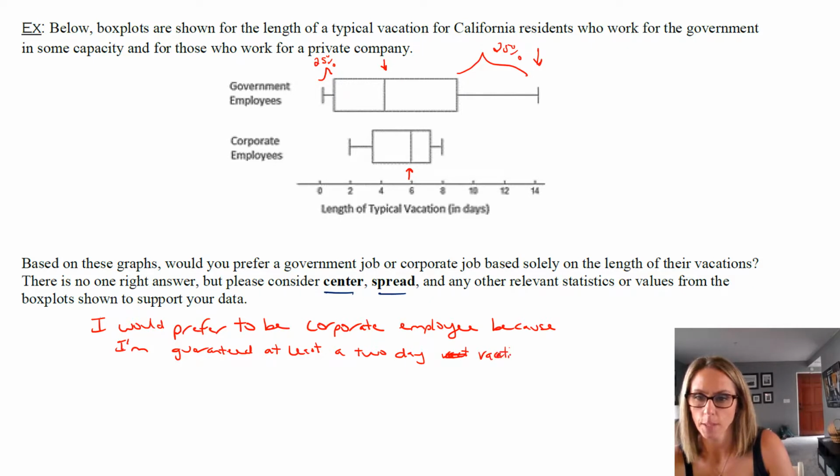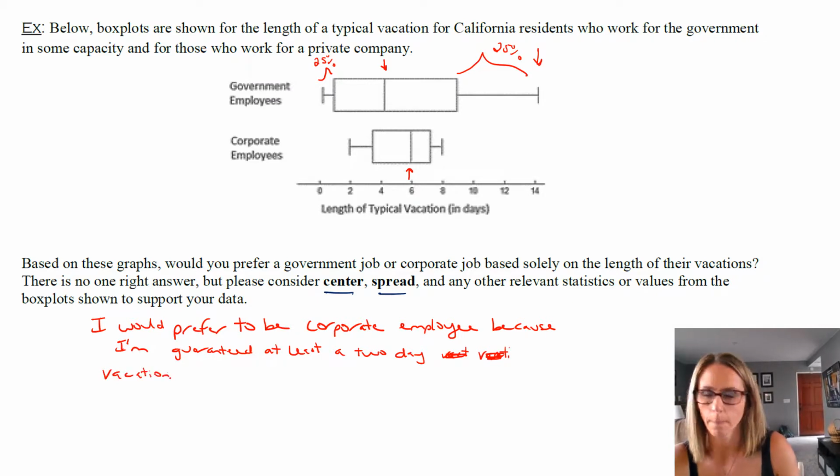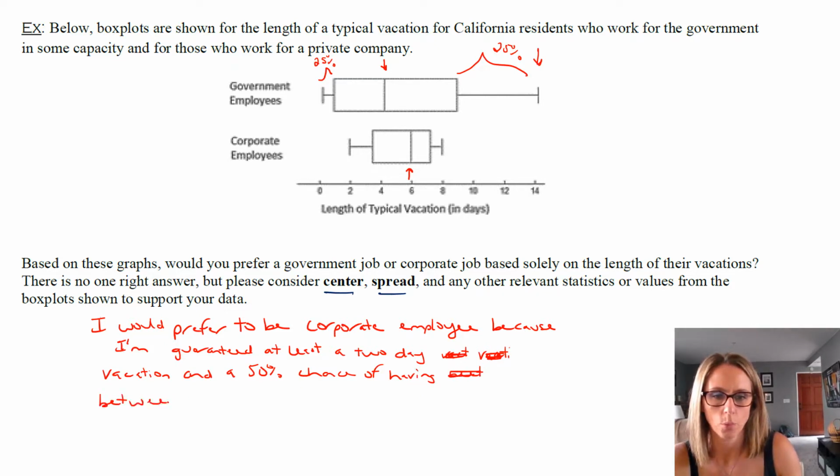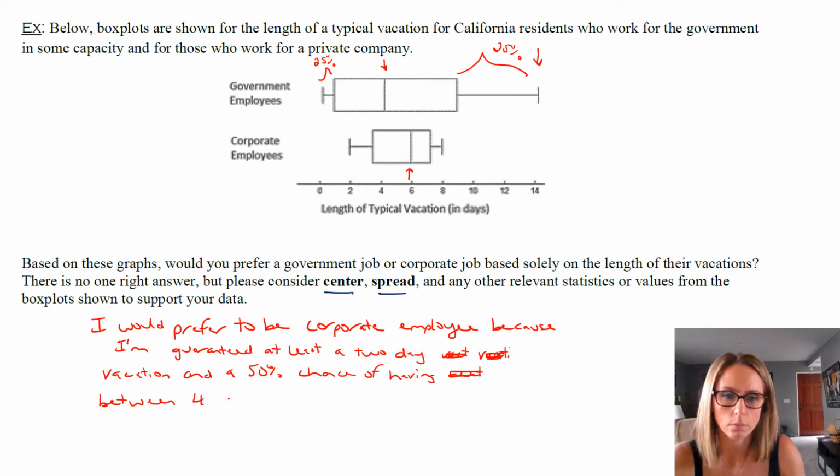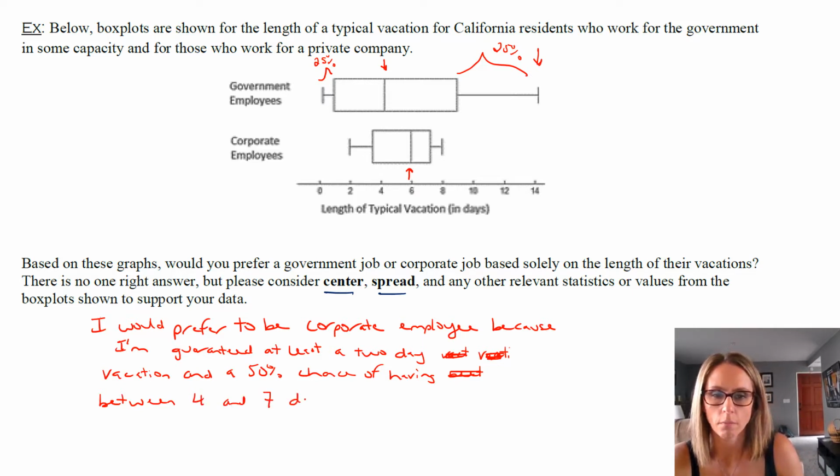I mean, that's not a lot, let's be honest, but a basically 50% chance of having between a 4 and 7 day vacation.